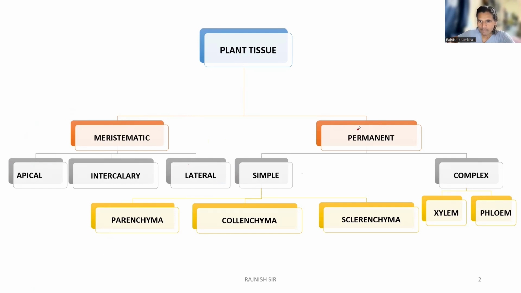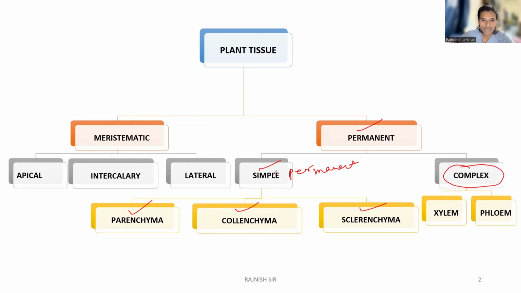The second type is permanent tissue. The permanent tissues are divided into simple permanent tissue and complex permanent tissue. The simple permanent tissue again divides into parenchyma tissue, collenchyma tissue, and sclerenchyma tissue.